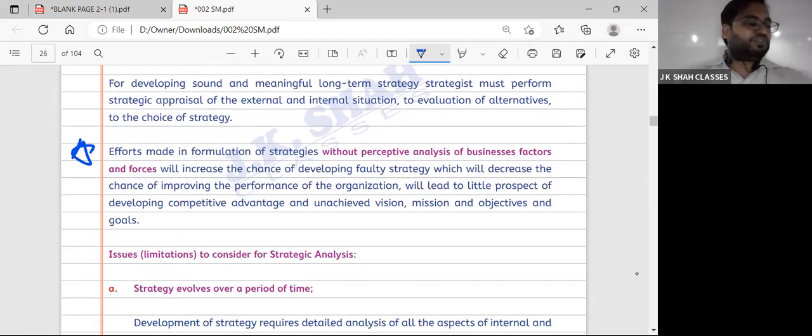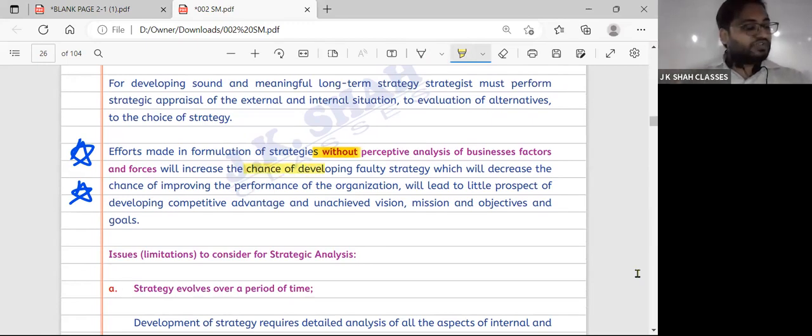This paragraph is also important. See if you can relate to this. I have already explained to you. I am reading this. If you don't understand, you ask. Efforts made in formulation of strategy without perceptive analysis, proper detailed analysis. So if you haven't carried out proper analysis, what kind of strategy you will make? Faulty strategy. Look at this.